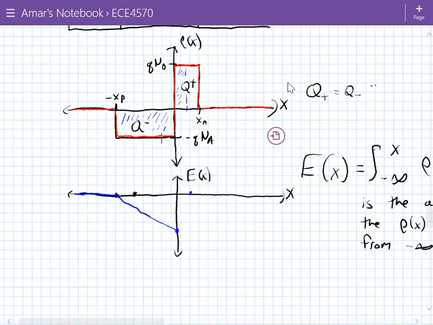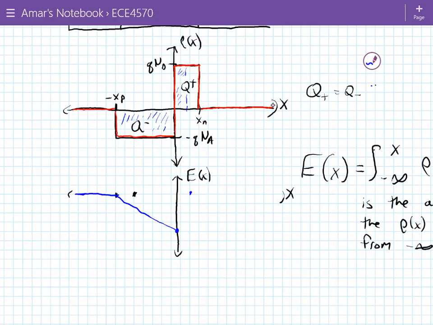Again, if you want to think about this as a mathematical formula, you have a constant value here, and that value is positive. So the integral of a constant positive value is a line with a positive slope. So the value starts to increase like this, and it actually increases until we get to x sub n.